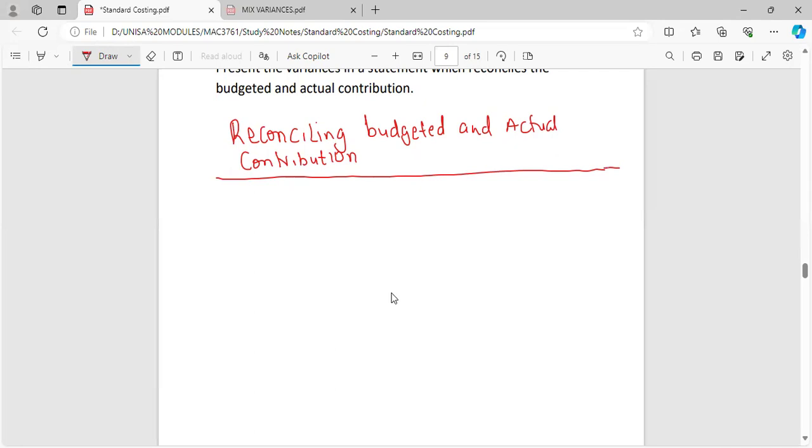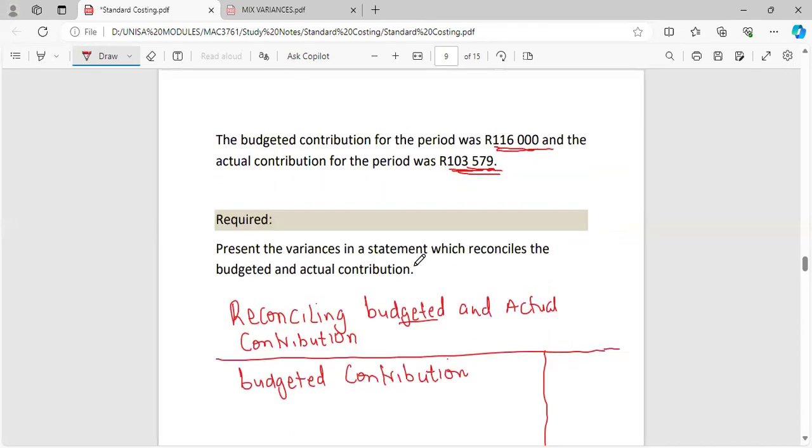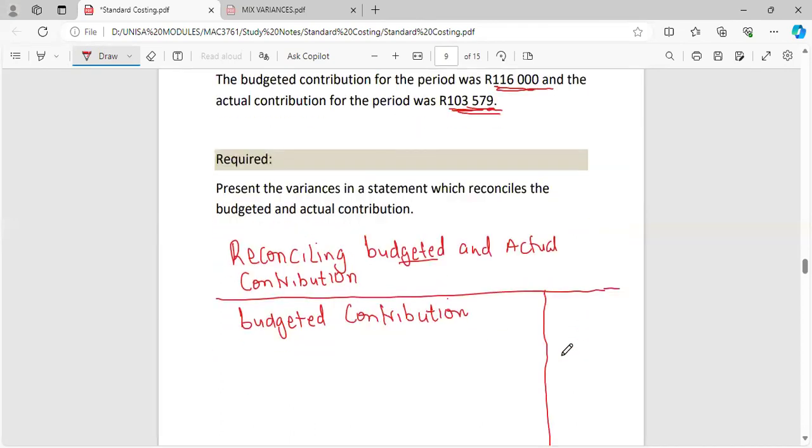When you are reconciling, remember we want to reconcile the budgeted, which means we are going to start from the budgeted contribution. So our budgeted contribution as per our question is 116,000. That's the budgeted contribution.